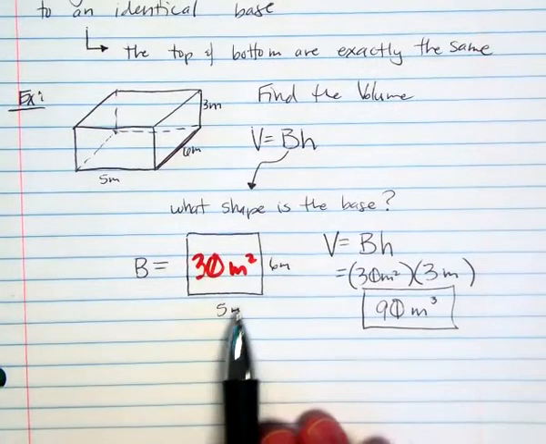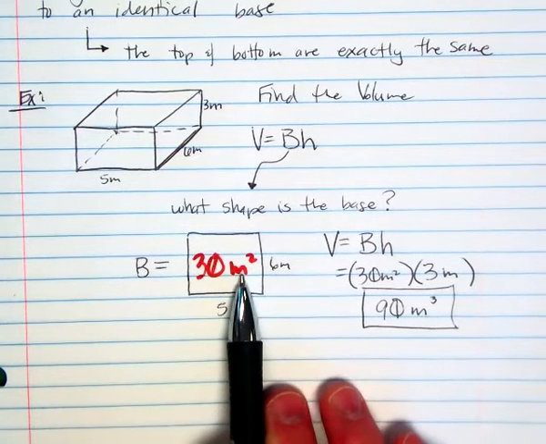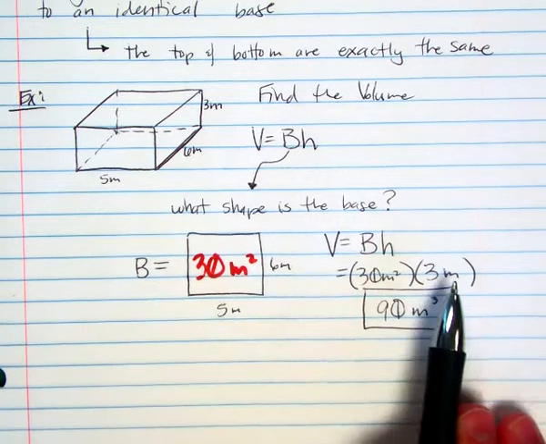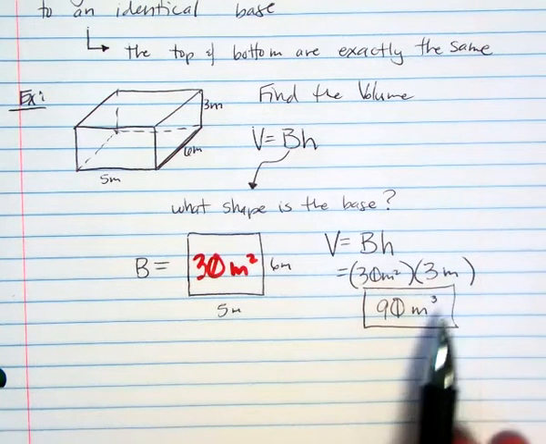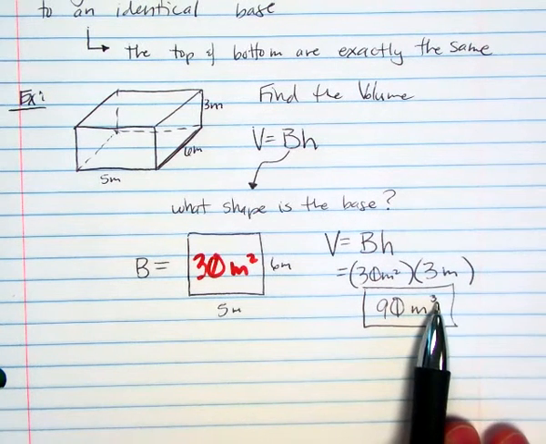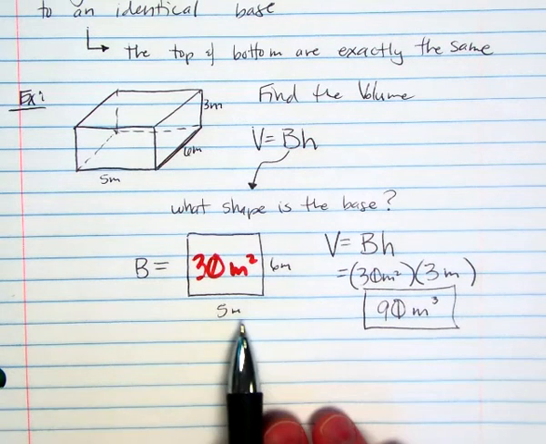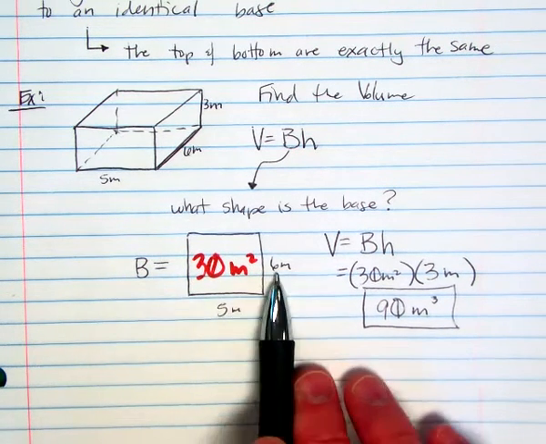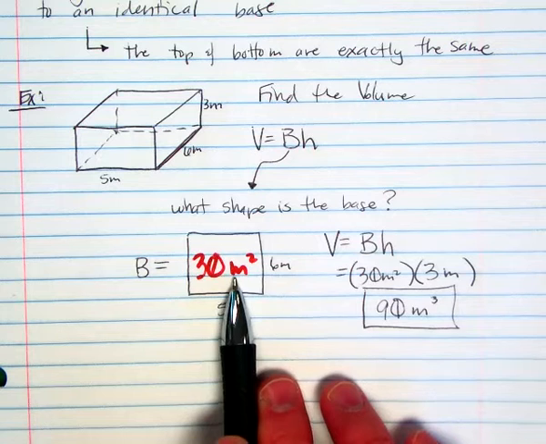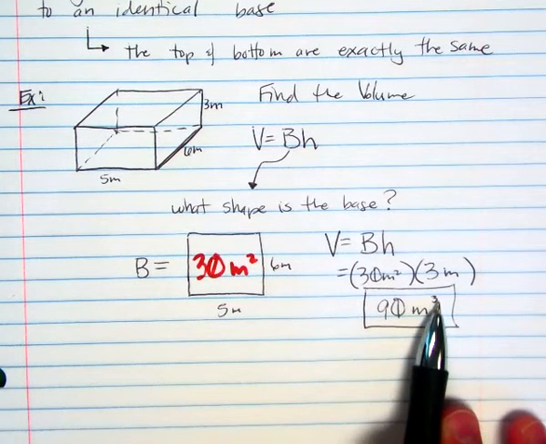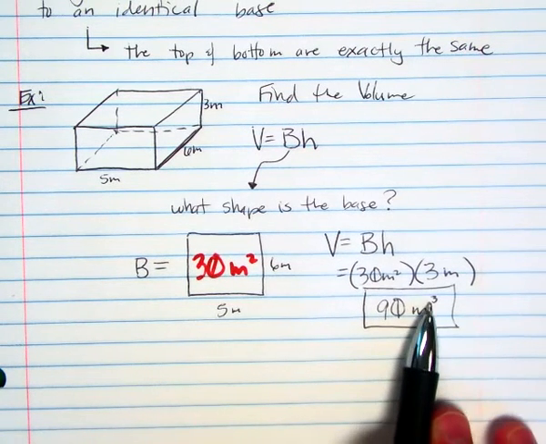I used meters times meters to get meters squared, times another meters here to get meters cubed. I ended up using meters 3 different times. Twice when I was finding capital B, and then 1 more here for H, so 3 times, so meters cubed.